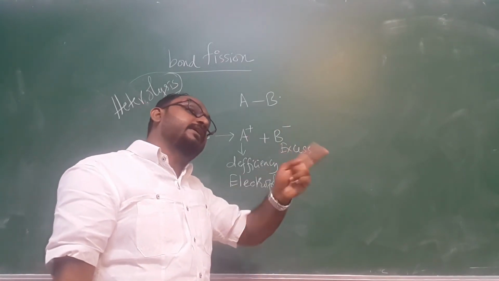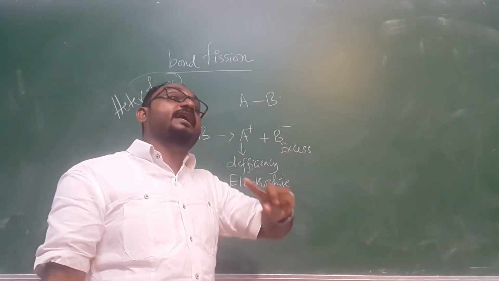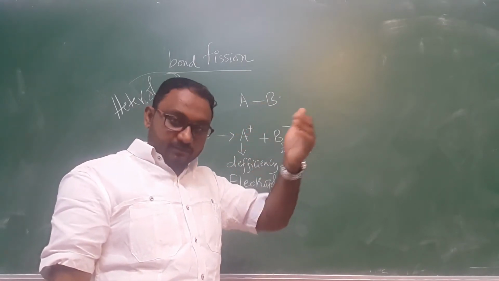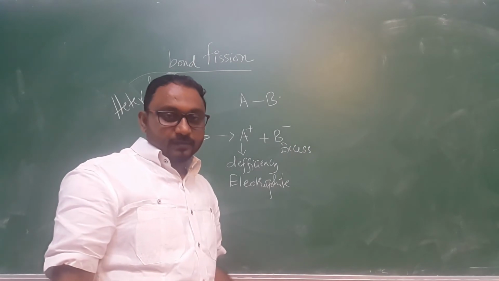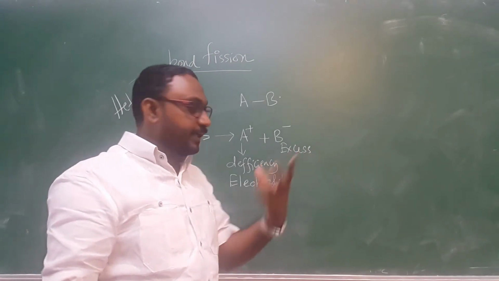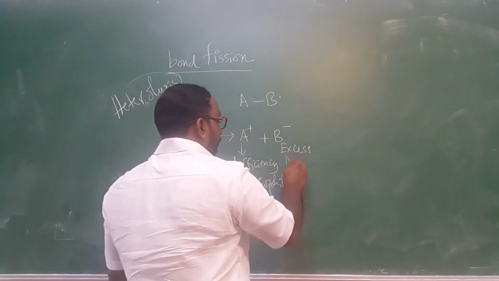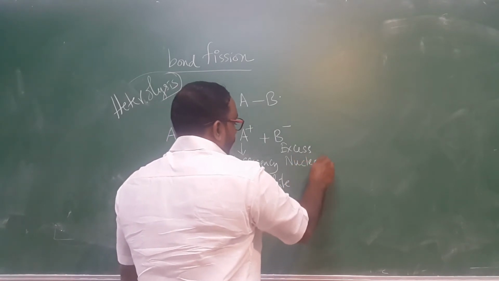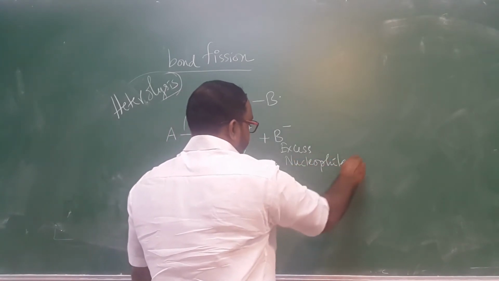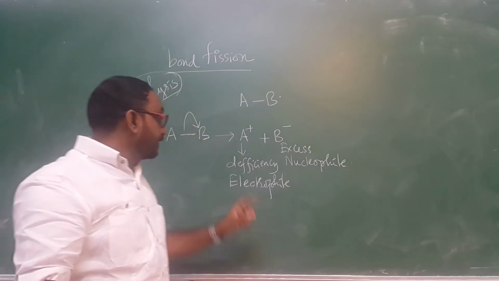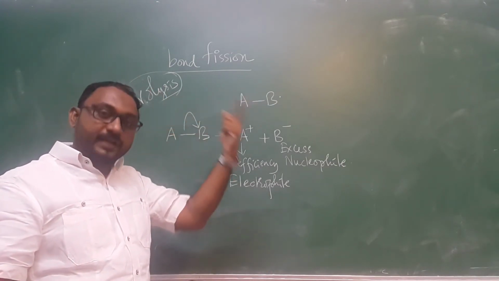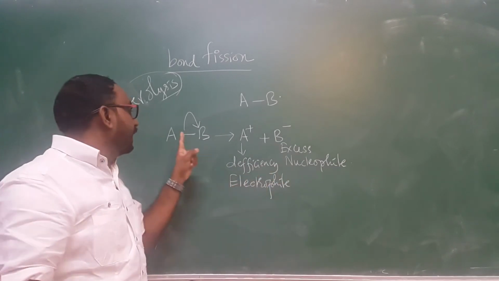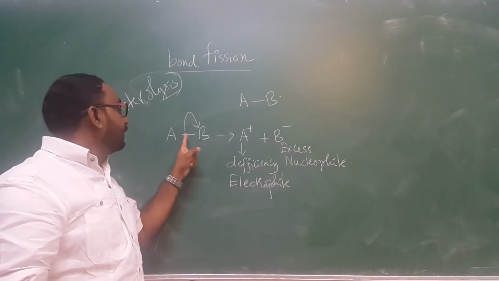It could be told in a different way: they would like to attract a positive charge or a nucleus. They have an affection for the nucleus. So we call them nucleophile.